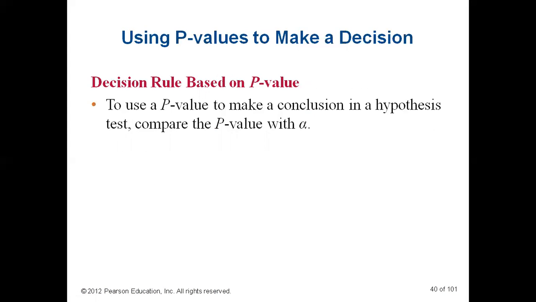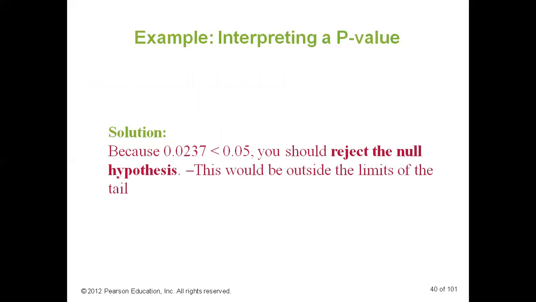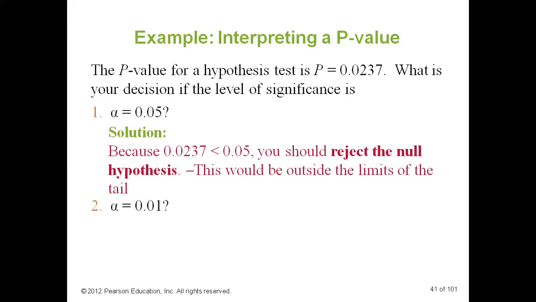So to use a p value to make a conclusion in a hypothesis test, compare p value with alpha. If p is less than alpha, then reject H0. If p is greater than alpha, then we accept the null hypothesis. For example, suppose p value of a hypothesis test is p equal to 0.0237. So what is your decision?